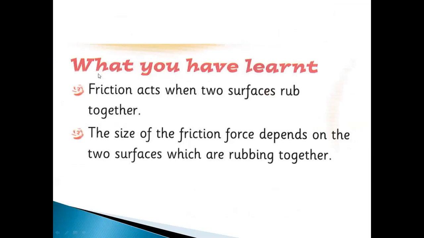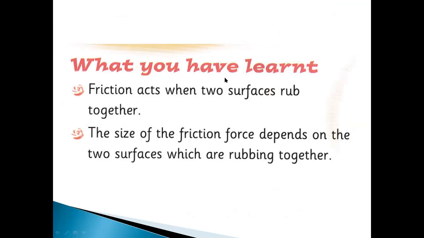Okay, I hope you understand about friction. Friction always acts when two surfaces rub together, like your feet and the floor. If you rub two or three times, you can feel you get warmer. This is because of friction.